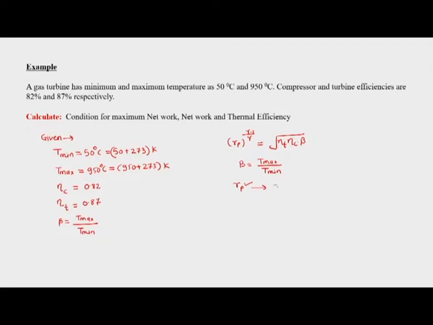Basically this Rp is Rp optimum. We know the condition for maximum net work output, and this Rp gives us that condition, so the condition is known to us.